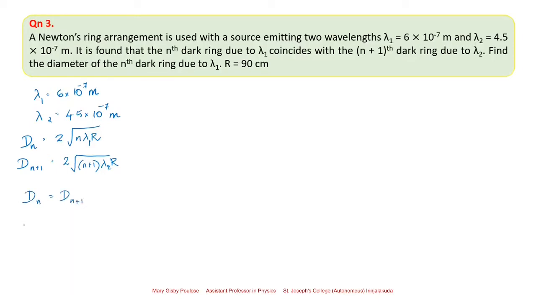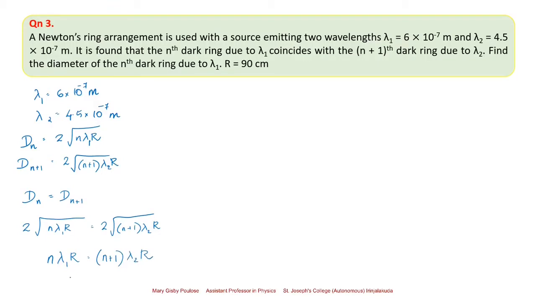So this equation can be written as 2 square root of n lambda 1 r is equal to 2 square root of n plus 1 lambda 2 r. Taking square root on both sides and cancelling out 2, we get n lambda 1 r is equal to n plus 1 lambda 2 r.